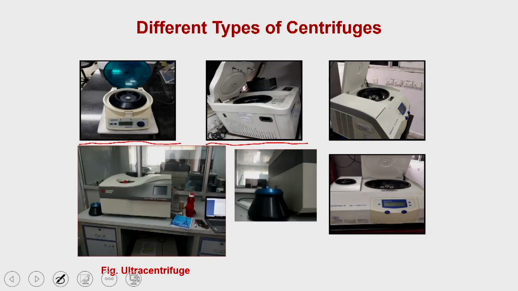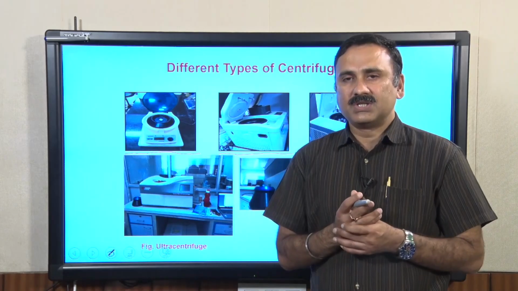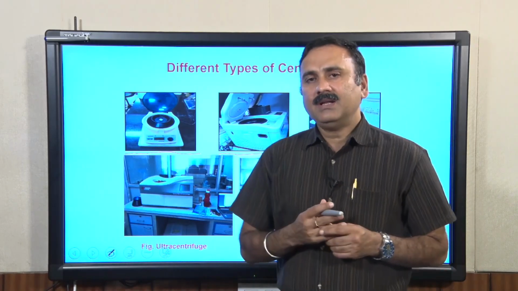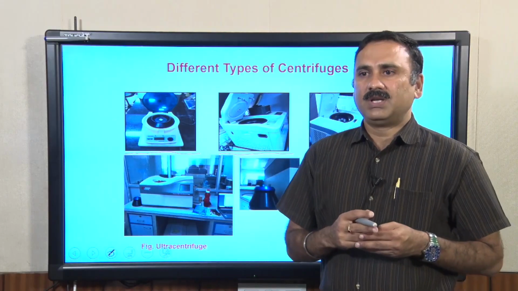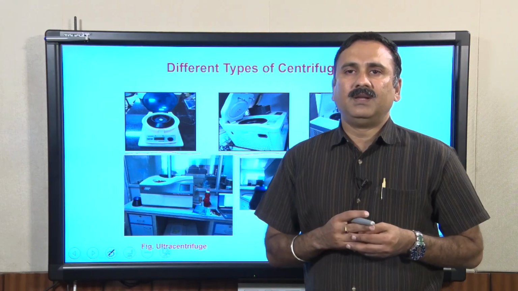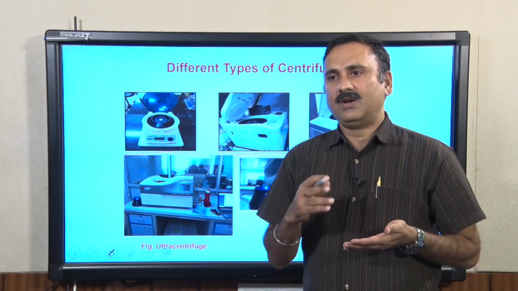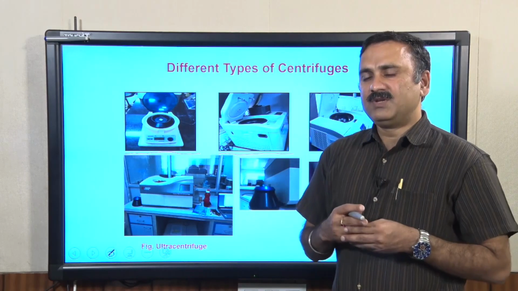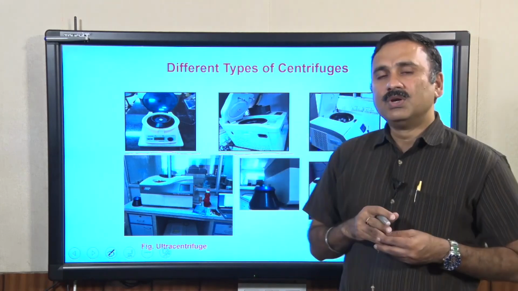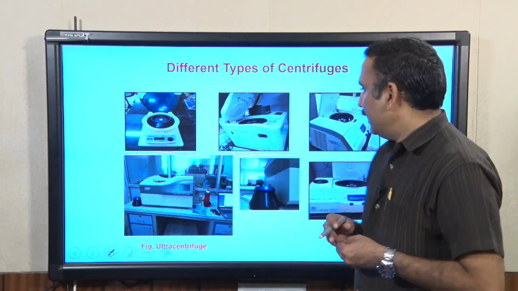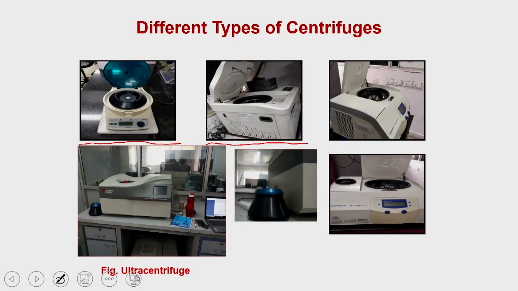These can be used for pelleting down bacteria grown in large cultures like 1 liter or 2 liters, and also for removing the dead and damaged cells from the cell lysate, which means they can be used for clarification of your sample as well. These centrifuges are available either temperature controlled, meaning you can use them at 4 degrees, or at room temperature, that is 37 or 25 degrees Celsius.